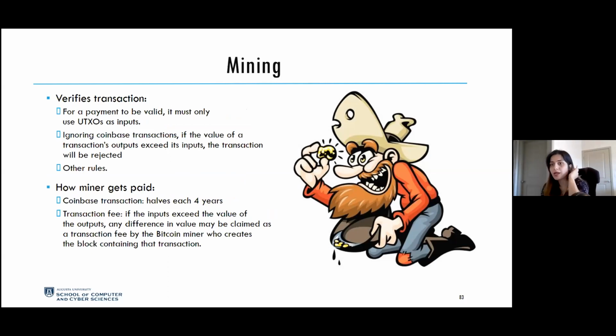So if you're doing some shopping and you want this transaction to be added to the blockchain sooner rather than later, it's better for you to put a noticeable amount of Bitcoin as a reward for the miner, so the miner gets more motivated to add that transaction into his block.